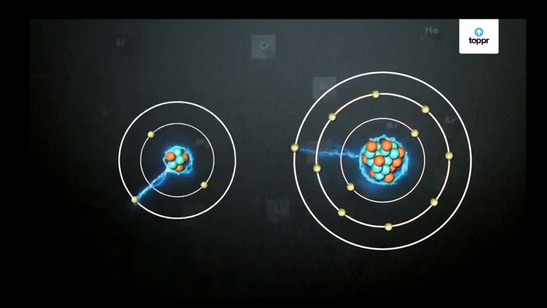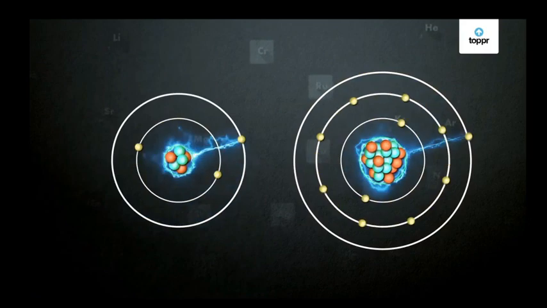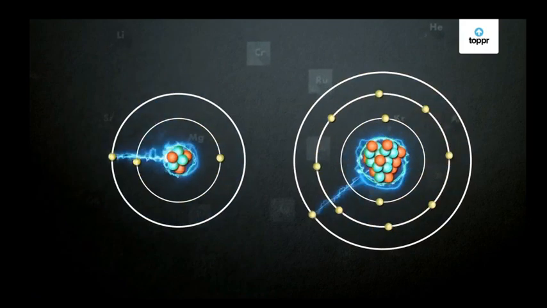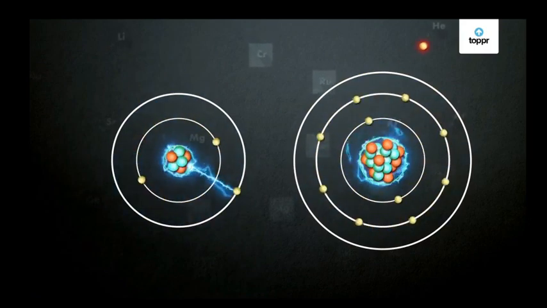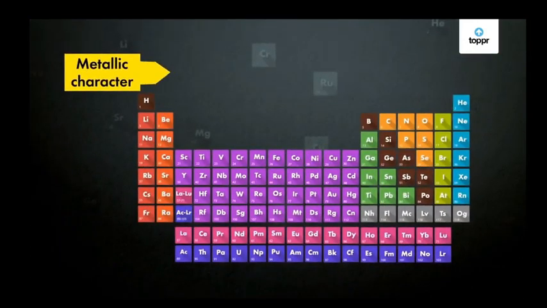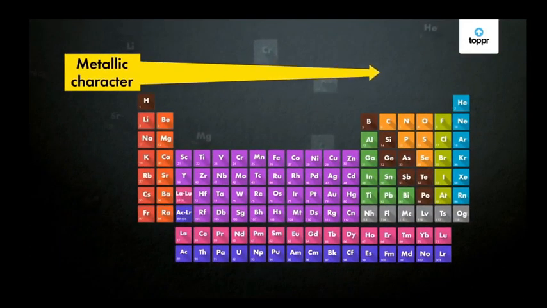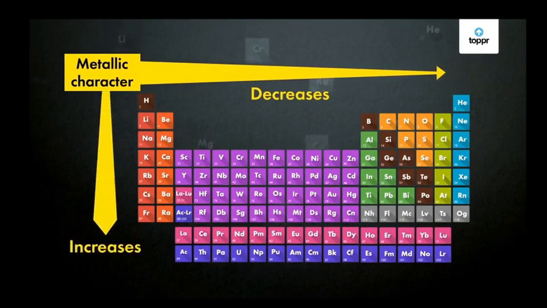What do you conclude from here? Yes, you're right. Larger the atomic size, greater the ease with which an electron can be lost. Hence, we can say that across a period, the metallic character decreases and down the group, it increases. Cool, isn't it? Okay, let's go to the next periodic trend.